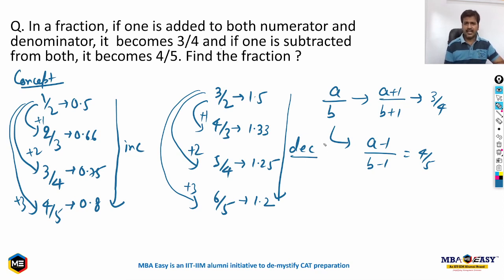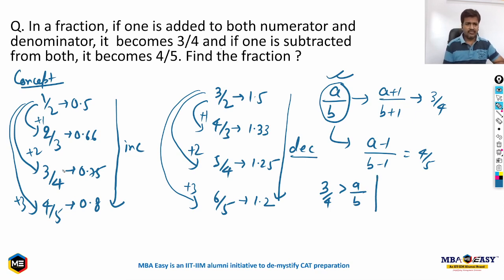Now look at here. Clearly a by b is a proper fraction, because if you are adding 1 to both numerator and denominator, it is becoming 3/4, which is a proper fraction. It means that a by b has to be a proper fraction. Now we know that in a proper fraction, if you add a positive number to both numerator and denominator, the fraction will be more. So 3/4 is more than a by b, right?